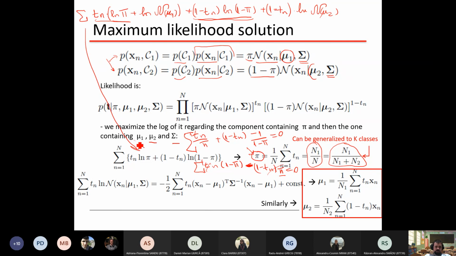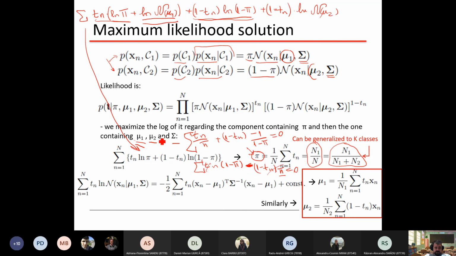Now, when we have to find mu1, we have to derive all the terms that depend on mu1. And from here, we only have one term, this one, because this is the only term that depends on mu1. The other term depends on mu2, and these terms we already considered as depending on pi.